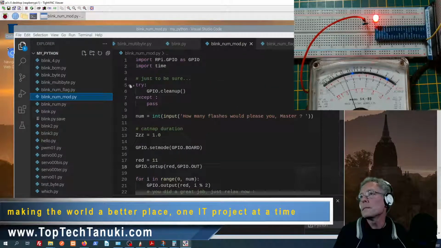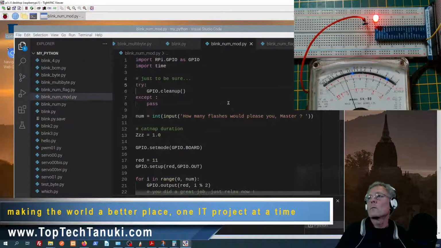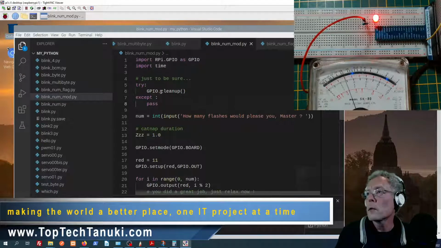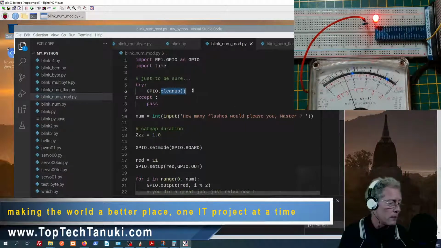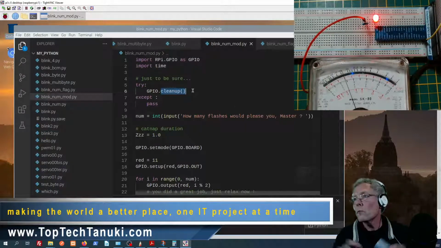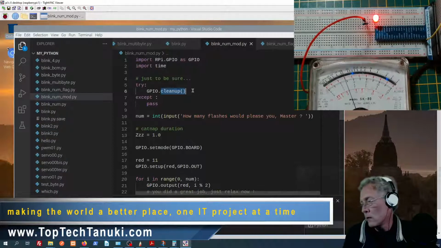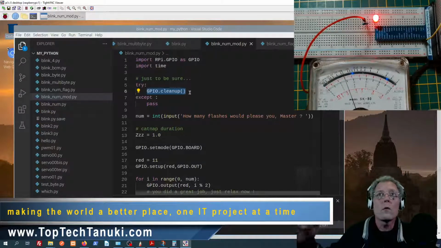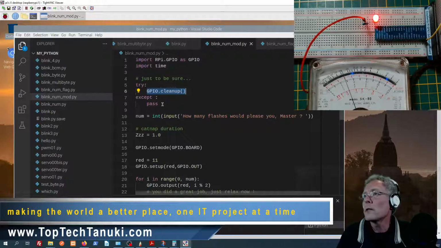Okay. So this is for cleaning up because I had some problems. Sometimes I was forgetting to clean up, and things were still hooked to the Raspberry. So I just do a cleanup here in case. But if there is nothing to clean up, the system complains with an error, there's nothing to clean up.